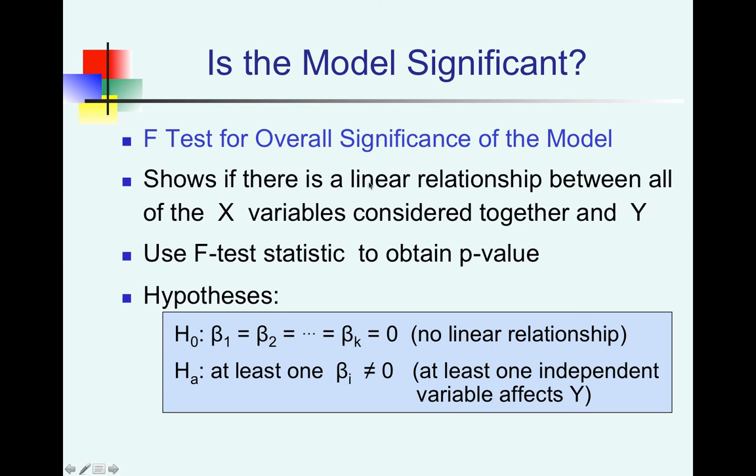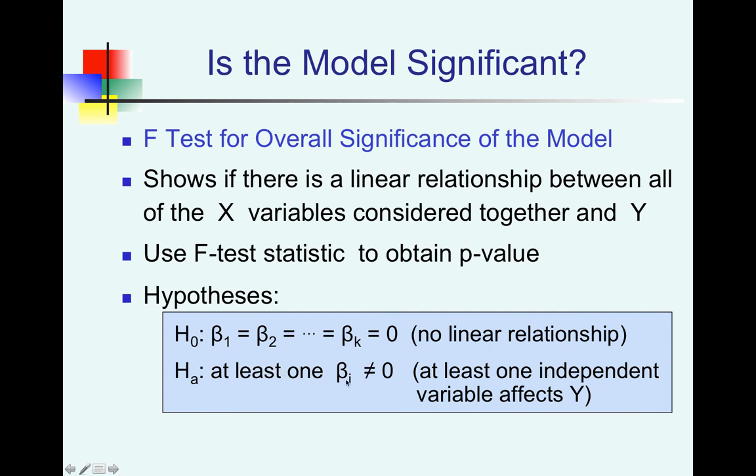So the F-test for overall significance, that's the ANOVA, again, is that first p-value in the ANOVA table, and it tests the hypothesis: are any of the slopes not equal to 0? So the null would be all of them are equal to 0, which means no relationship. None of those variables explain anything, and the alternative would be at least 1.